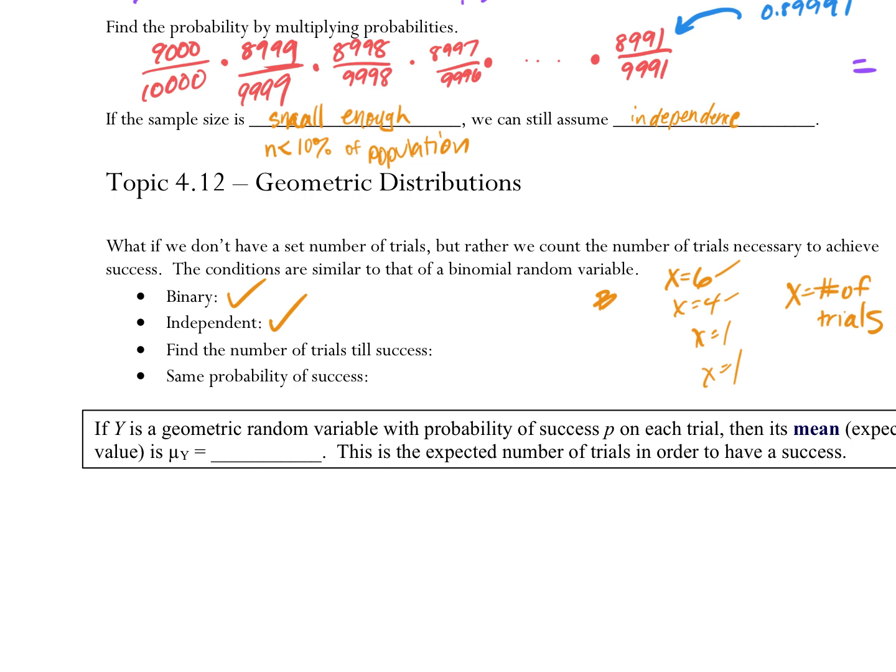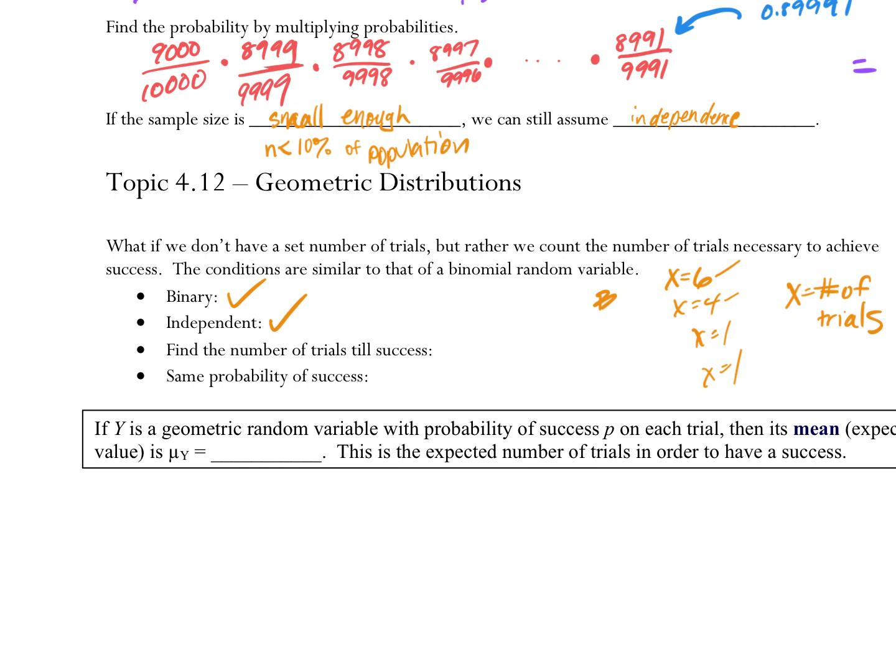So, one of the hardest things that you guys are going to have to start figuring out is, now that I'm mixing geometrics, you're going to have to decide between, is this a geometric versus a binomial random variable, okay? And binomials are x is a number of successes within a set number of trials.